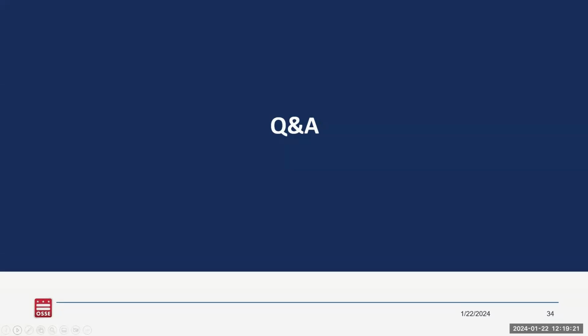Let's see, I've seen this question a few times in the chat now. It's about the checklist. Do we need to upload the checklist for existing employees, or do you just need to do the new staff checklist for new employees? New employees. If your staff has already been approved, then for new entered staff, you would need to upload the checklist.